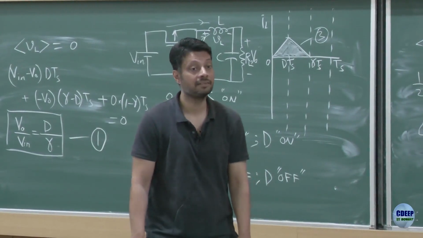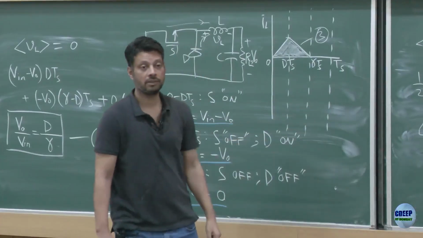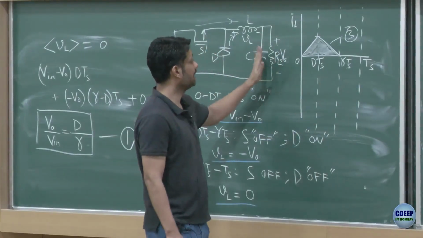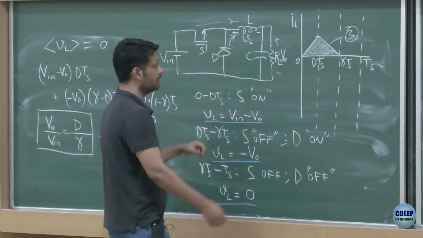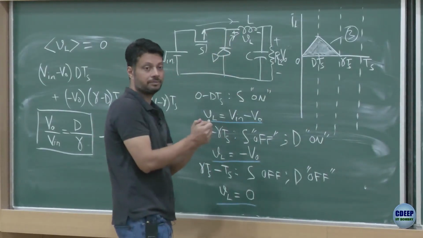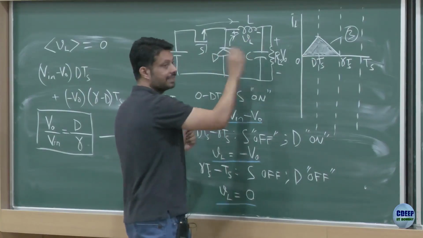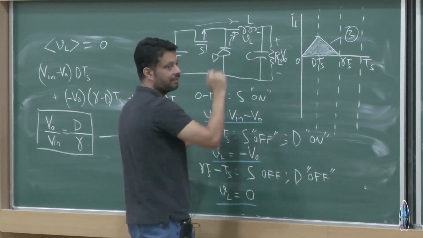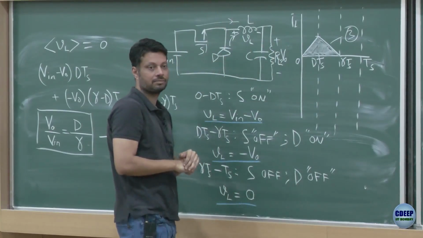After the inductor current becomes zero, in this period, yes, this will still flow and it will continue to discharge the capacitor. Look at this circuit. There is a ripple current, there is an average current. This will only take the ripple current, this will only take the average current. So this average current has to be equal to this average current.